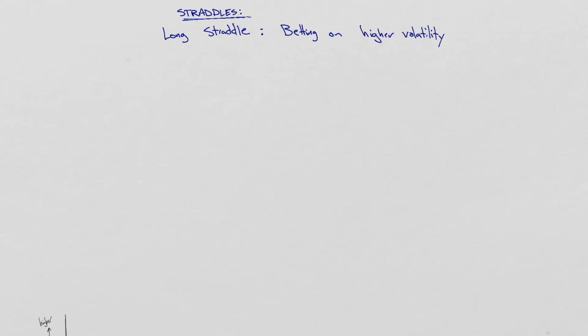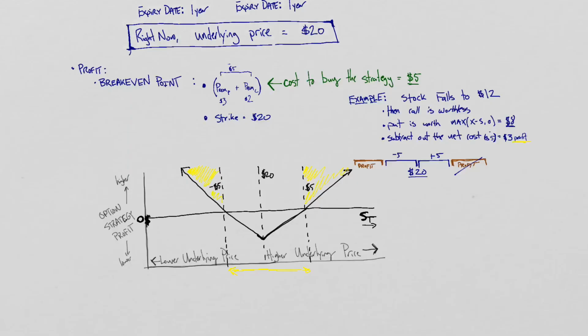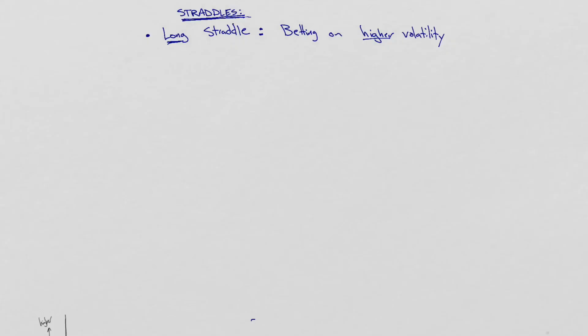By the way, what we just looked at for straddles is something called a long straddle. And what we're long is not the underlying price itself. We're long on volatility. With a long strategy, we're betting on a higher volatility. If the stock price ranges above or below a certain range, then there's profit.